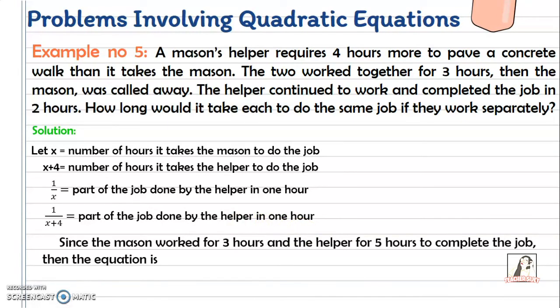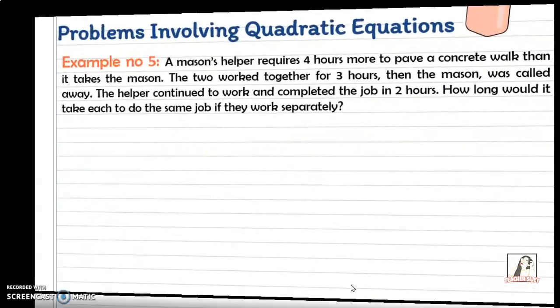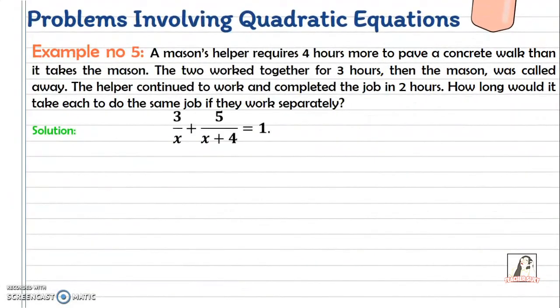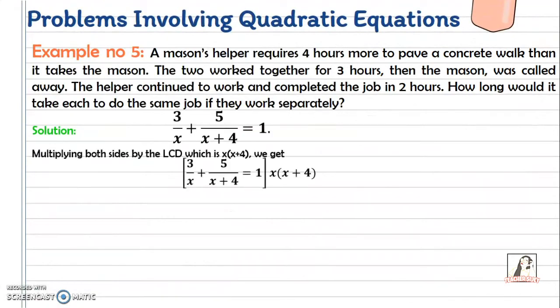So, since the mason worked for 3 hours and the helper for 5 hours to complete the job, then the equation is 3 over x plus 5 over x plus 4 equals 1. So, let's solve this equation. Kailangan natin kunin ang kanyang LCD, which is x times x plus 4.